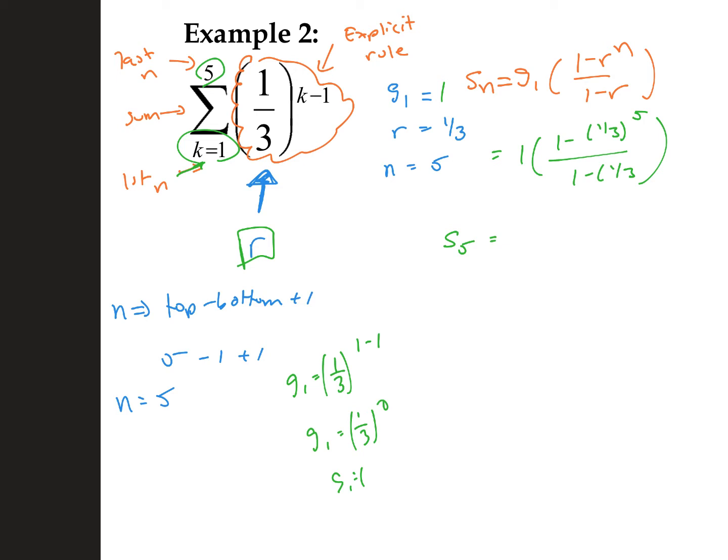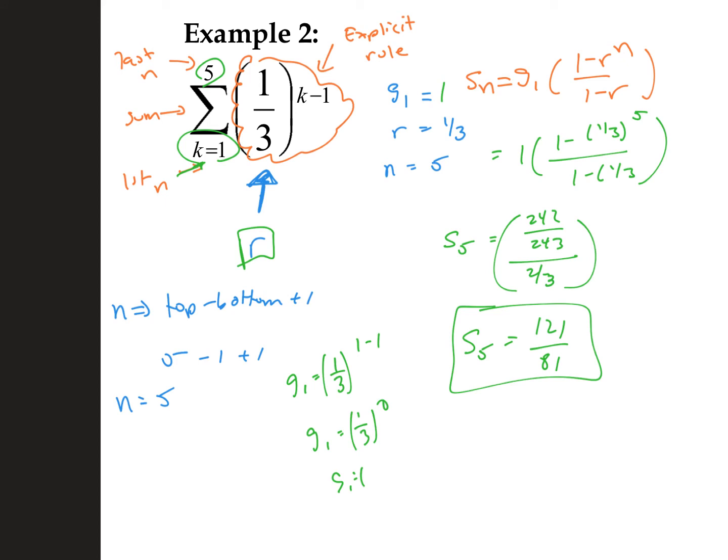Math, enter, enter. You get 242 over 243 divided by 2/3. So I'm going to divide that by 2/3. Math, enter, enter. So your S sub 5 here is 121 over 81. And that is your answer.